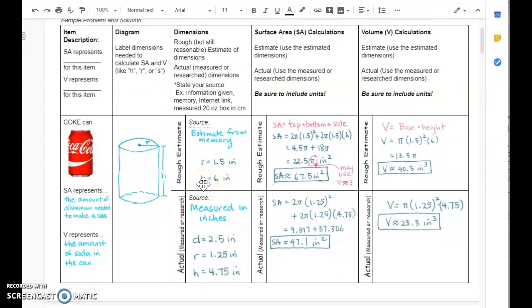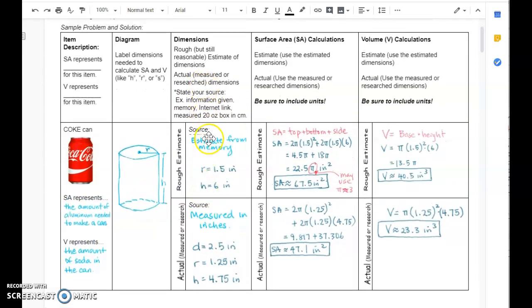The dimension, you have two different dimensions. The rough estimate is, this one I estimated from my memory. When I think about a can of Coke or any other soda, how big do I think the radius is? You should be thinking about, okay, how big is an inch?